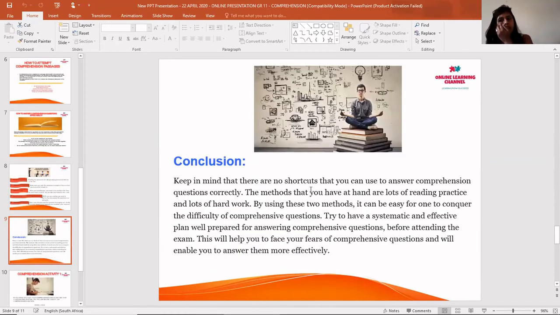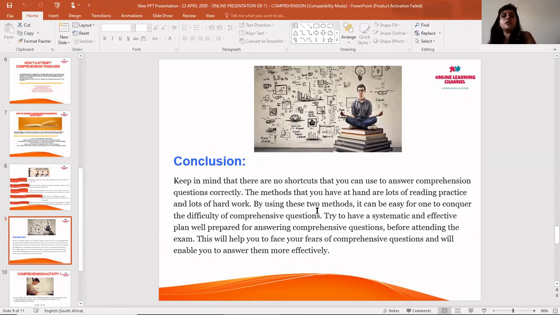We have come to the end of the slides, so I would like to share with you, please do not forget to keep in mind that there are no shortcuts that you can use to answer comprehension questions correctly. The methods that you have at hand are lots of reading practice and lots of hard work.